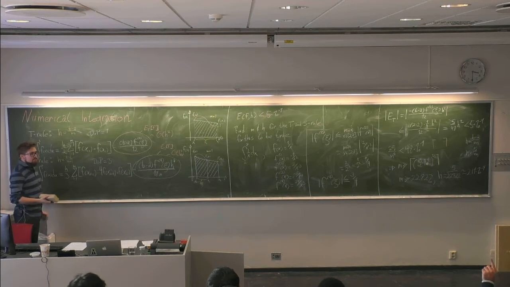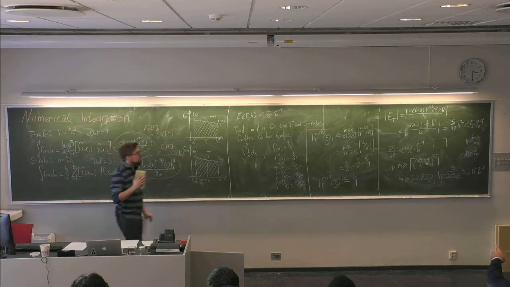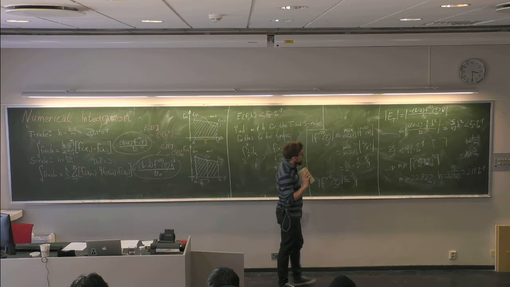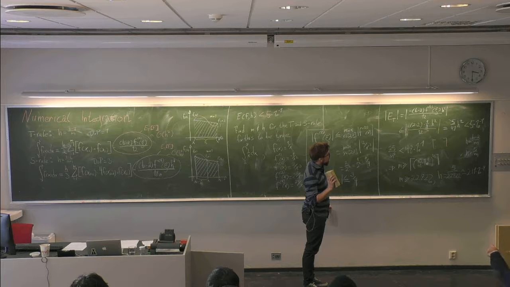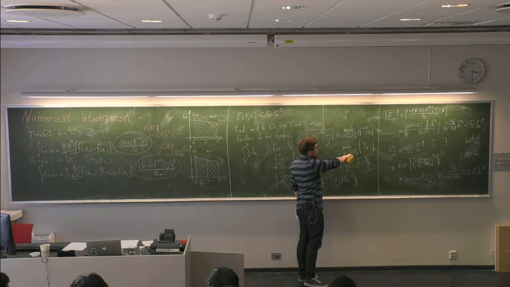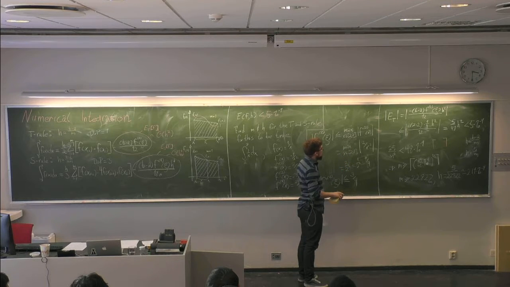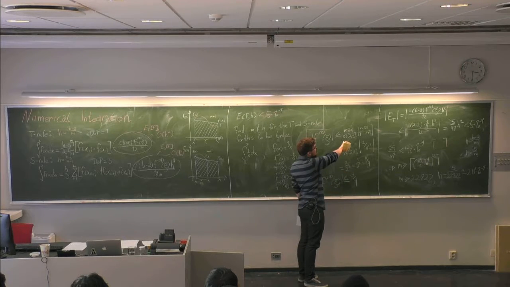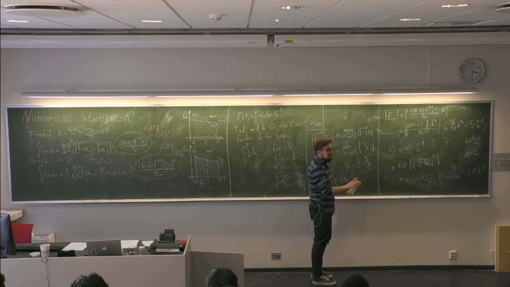Excuse me, why do we use x equals 2 here for the maximum? Because it gives us the maximum value of this. You have to pick the x that gives you the highest function evaluation.